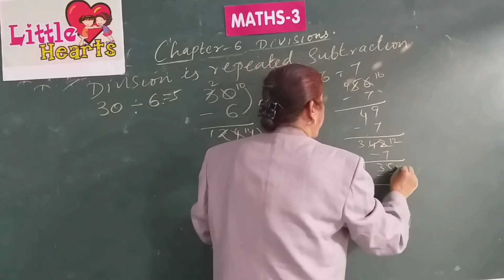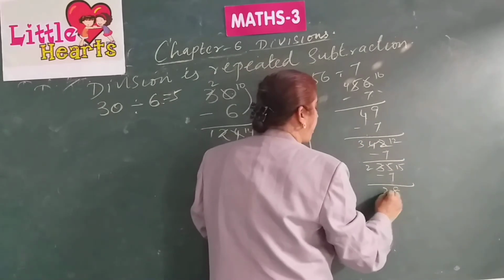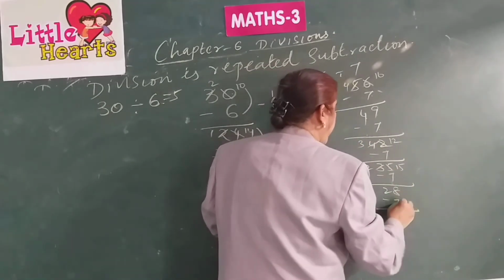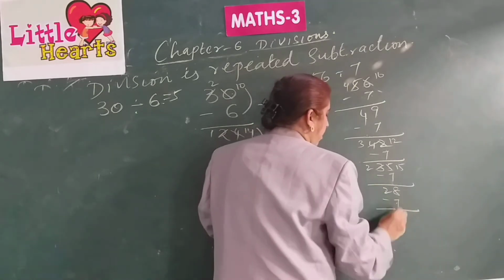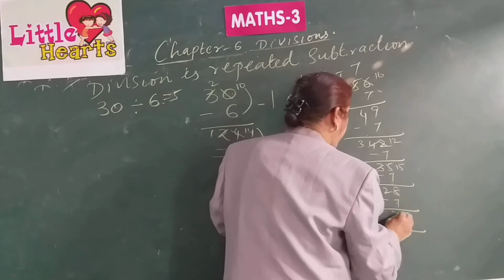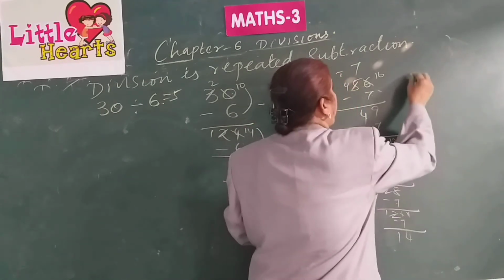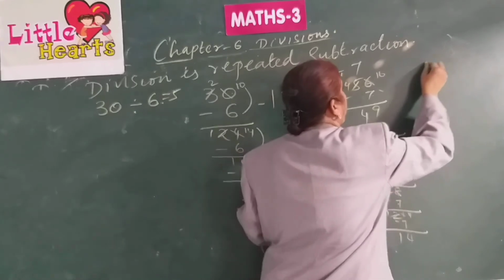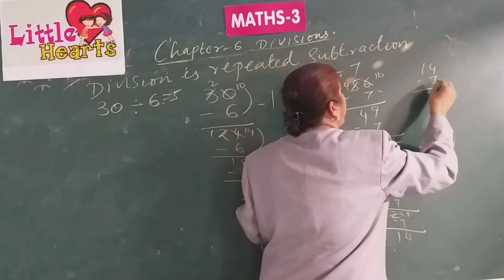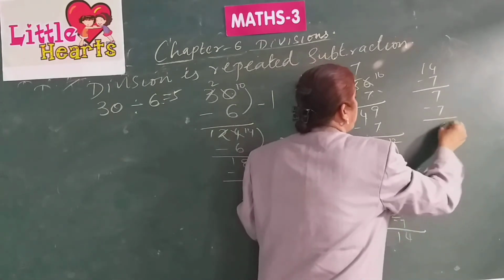Again 7: 28. Again: 21. Again: 14. 14 minus 7 is 7. 7 minus 7 is 0.